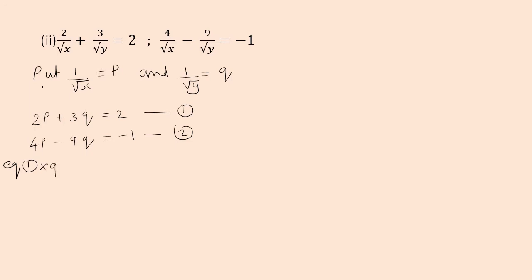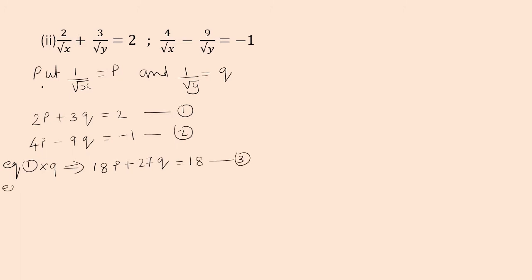No need to take the minus sign, you are taking only the numeral. Now 2 9s are 18p plus 3 9s are 27q equal to 9 2s are 18. Number the equation as 3.